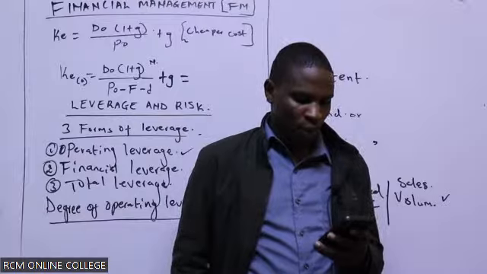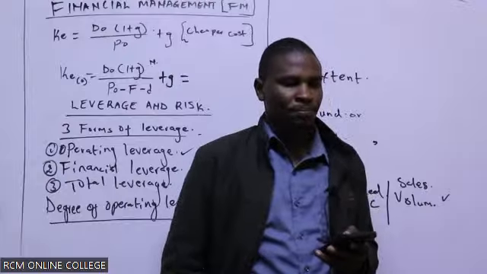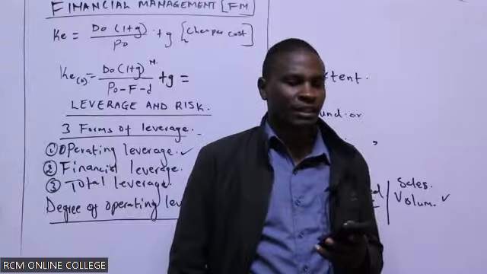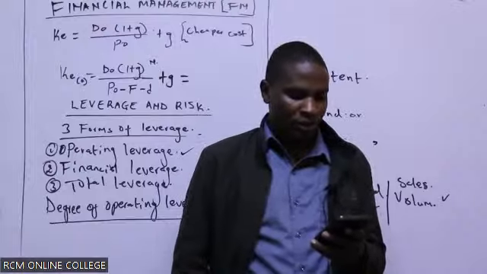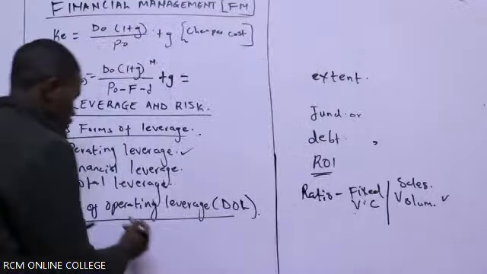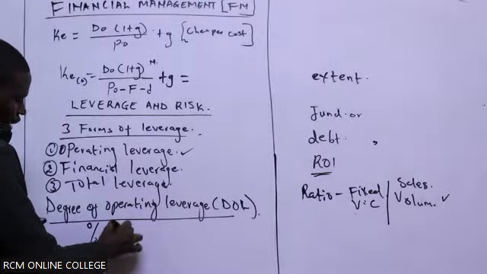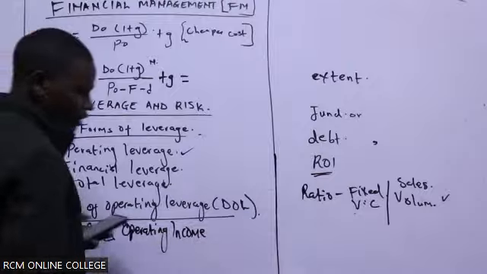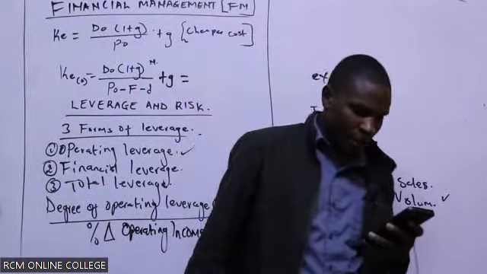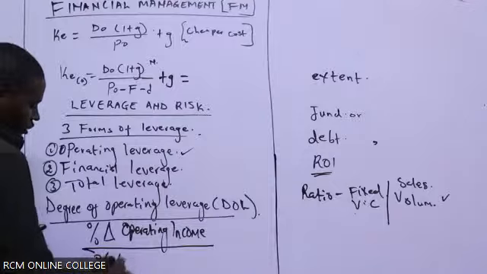So I want us to see how. You say that the degree of operating leverage is calculated as the percentage change in operating income, divided by the percentage change in sales.